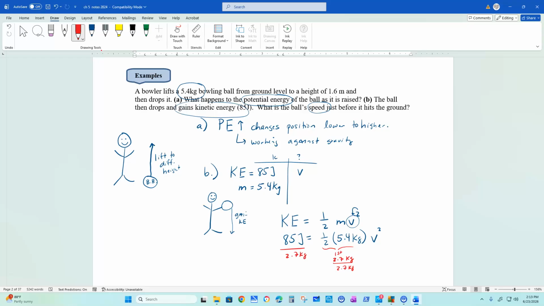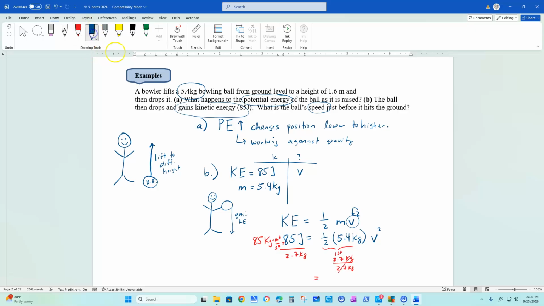Now, remember what a joule breaks down into. 85 joules is kilograms times m squared over second squared, okay? Let me move that over since it's in the way of that equal sign. So m squared over second squared, okay? So when I divide by kilograms, I divide by each side, okay? This is gone.